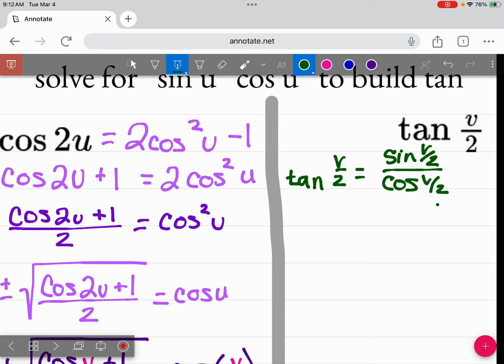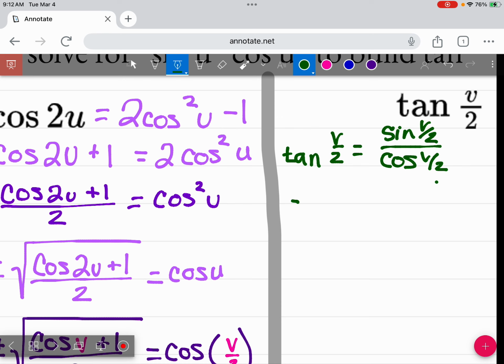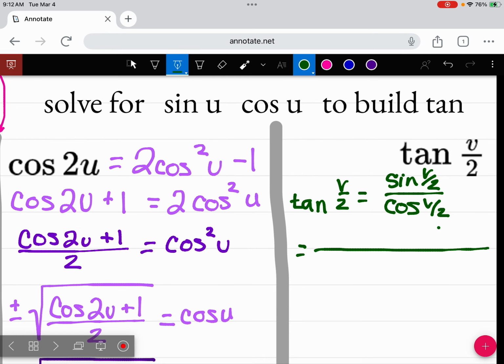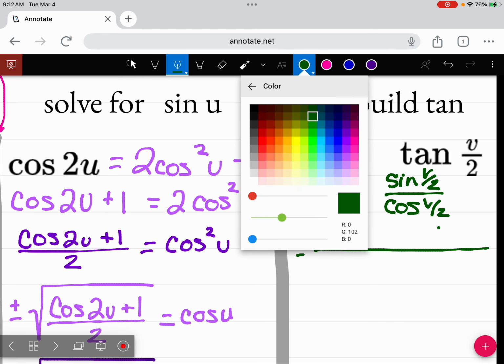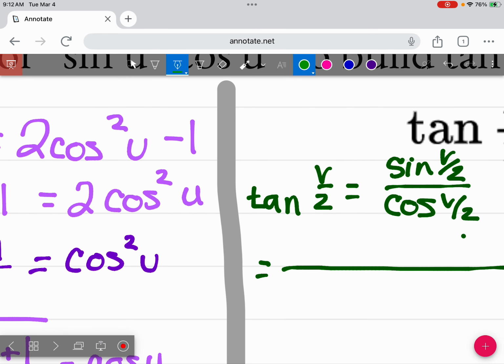So we have those pieces. They're messy, but we can do it. We're going to have our fraction that has fractions in it. I'm going to switch my greens just a little bit so that we have our sine, which is our plus or minus, we had our 1 minus cosine of v over 2.